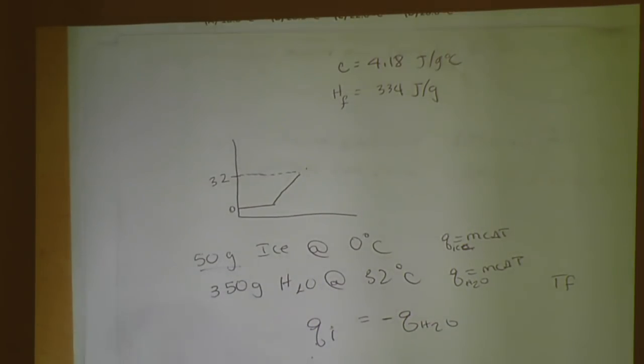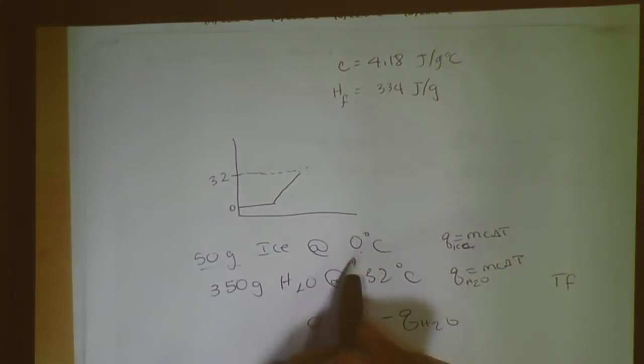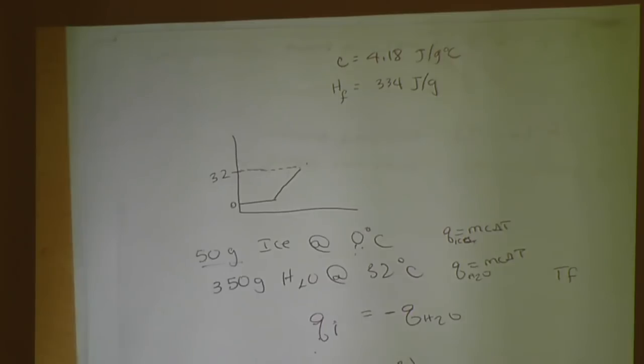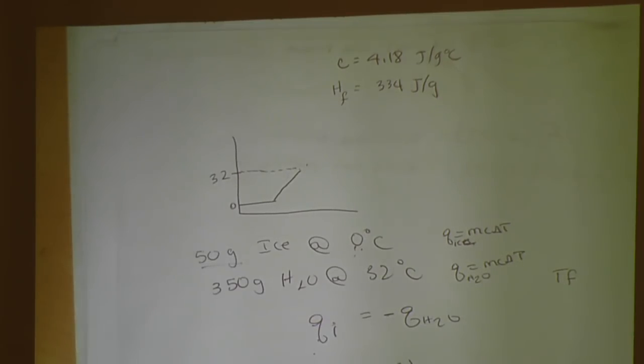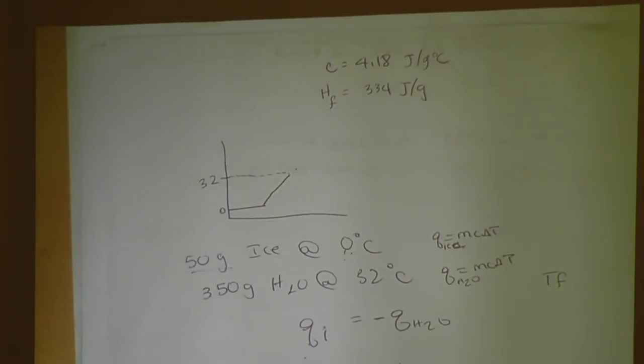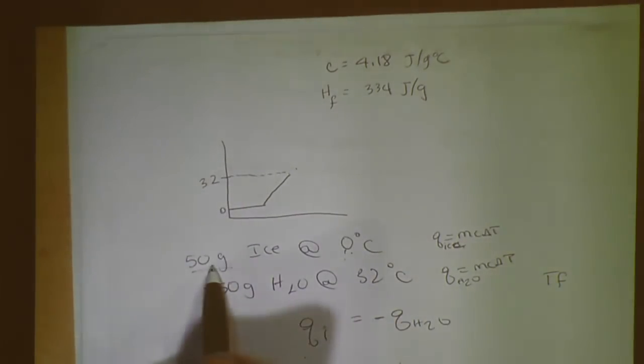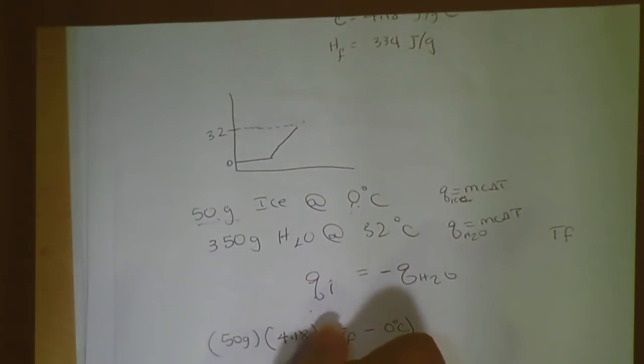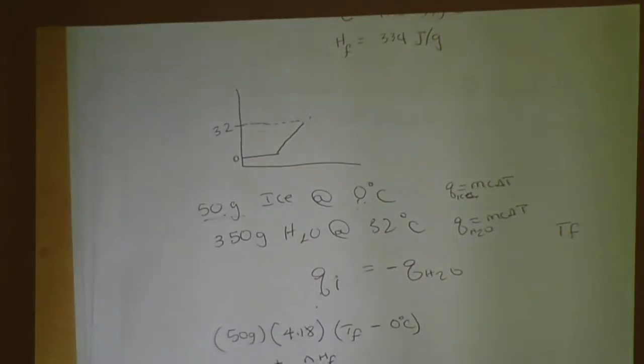But because this right here is at 0 degrees, I'm going to take into consideration fusion. To take into consideration fusion, I will convert the grams into moles and add it to where it's n delta H of fusion.